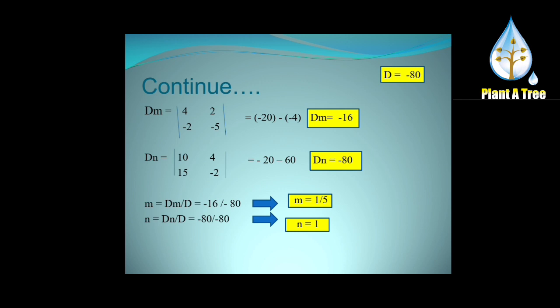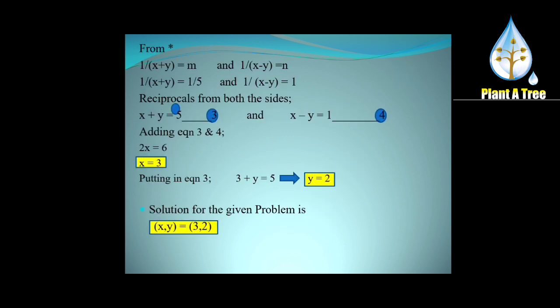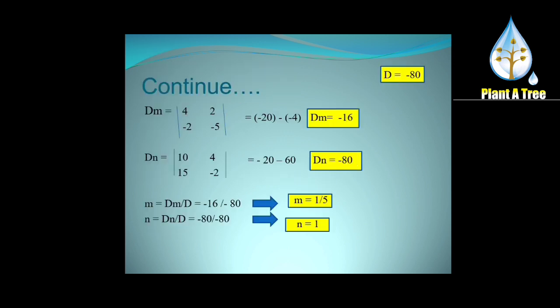Therefore m is equal to Dm upon D, which is minus 16 upon minus 80, which is nothing but 1 upon 5, and Dn upon D is equal to n, which is minus 80 upon minus 80, that is equal to 1. So this is not the final solution.